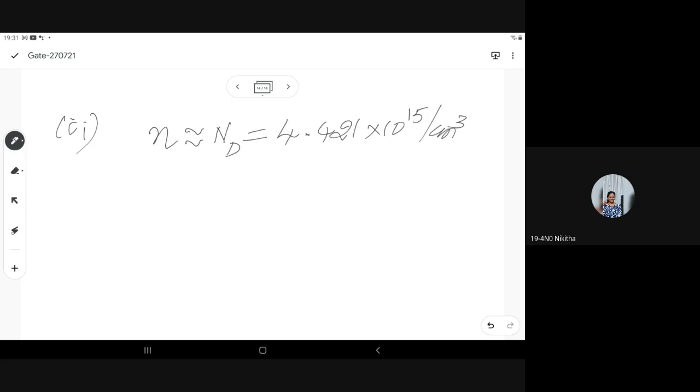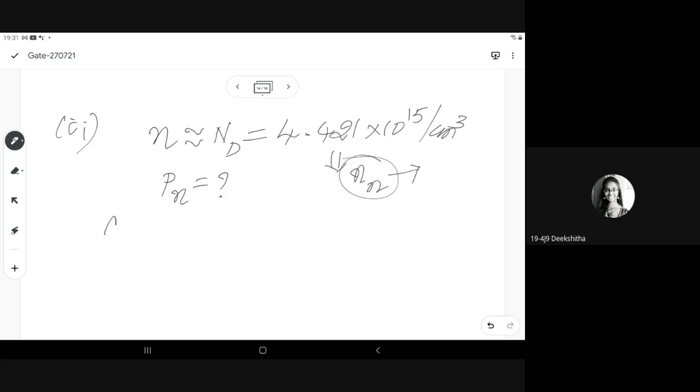If I want to calculate the number of holes in an n-type semiconductor, it means indirectly the minority carrier concentration in n-type, that is Pn, I want to calculate. I calculated nn, the number of electrons in the n-type semiconductor. Now I want the number of holes. What is the formula to calculate that?